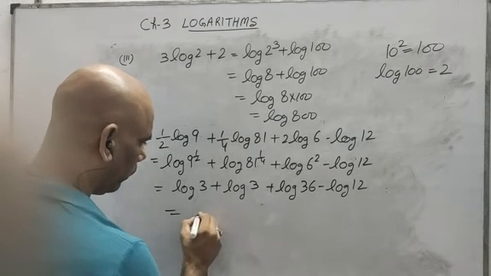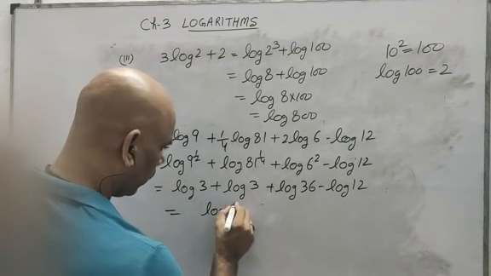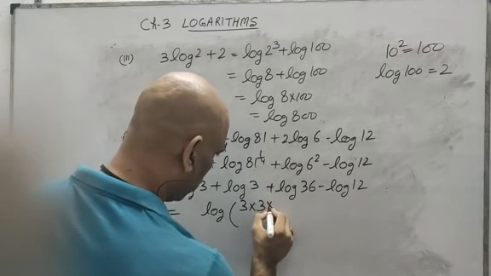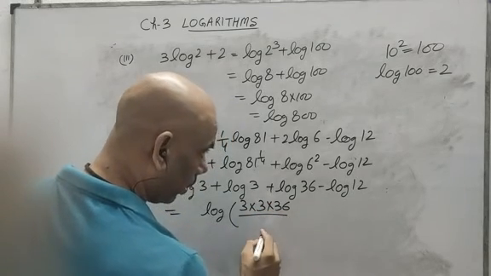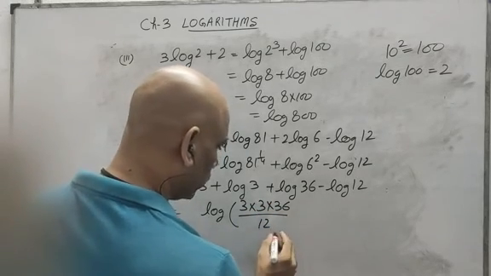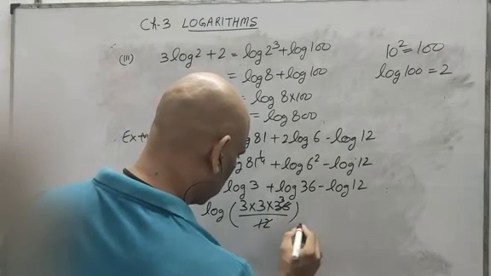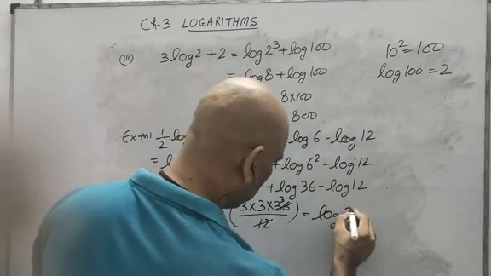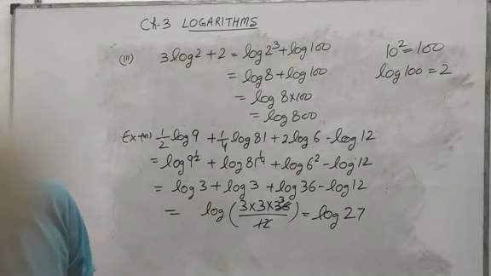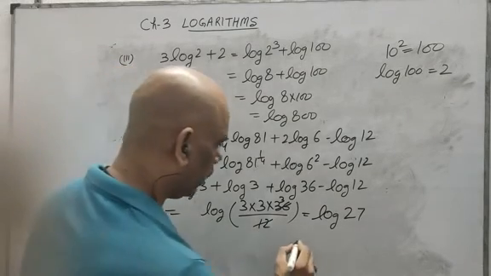All the positive ones will be multiplied, the negative one will go in division, so 3 into 3 into 36 upon 12, and 12 threes are 36, and in the end I got log 27, or you can say 3 log 3.